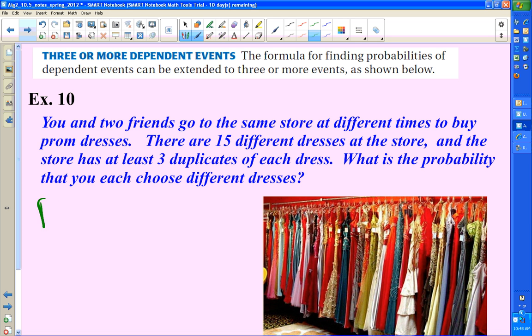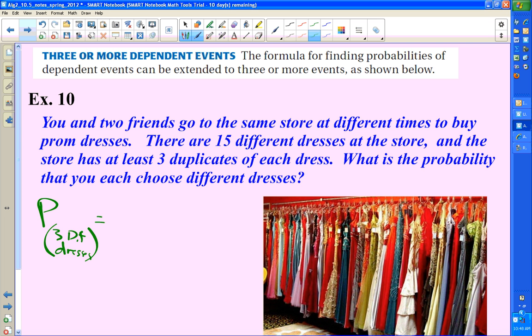So we're going to go probability of 3 different dresses. You've got to figure out how many different ways the 3 of you can choose different dresses. How are we going to do that?